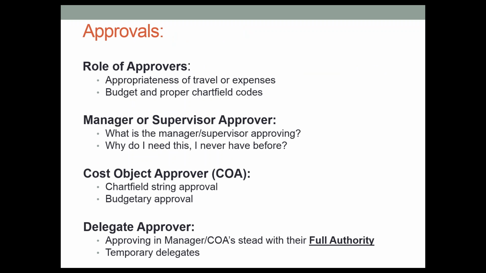And really, I think that there was some pressure out there from an approval perspective to nitpick the expense reports to death, chasing people down for 5 cents, etc. We're putting the power back in the department's hands, the people who really do control their own budgets, to be responsible, to make proper decisions about the use of university funds, etc. And so the approvers, both a manager approver and the cost object approver, really are the gatekeepers for their own department as to whether or not the traveler's expense or travel expense are appropriate in nature.